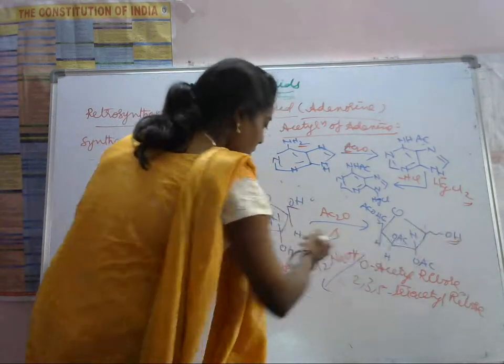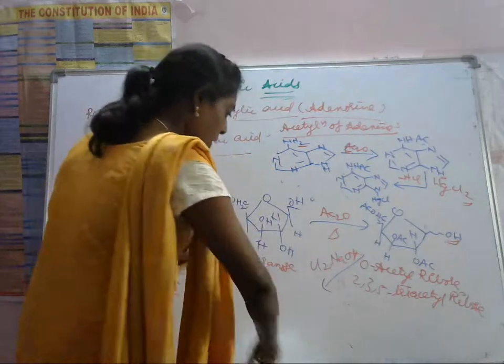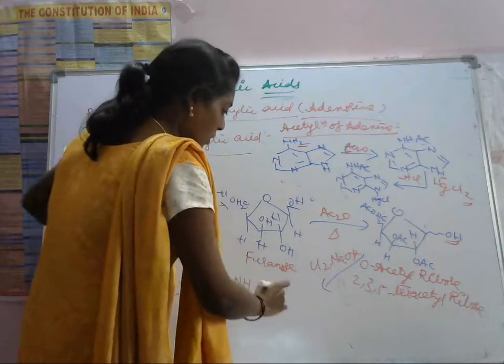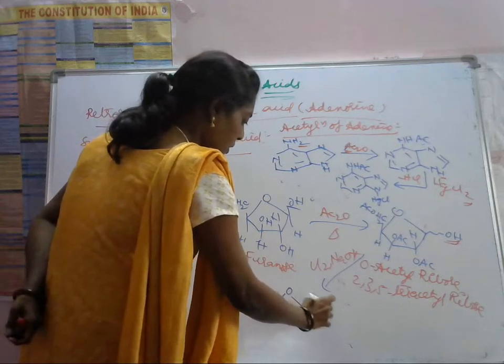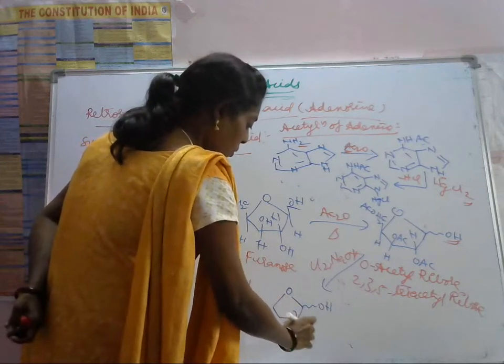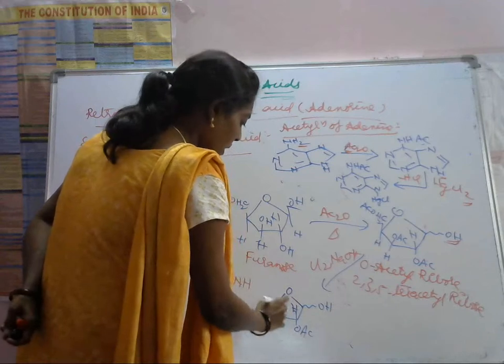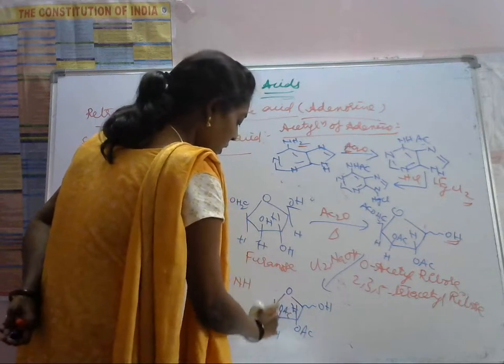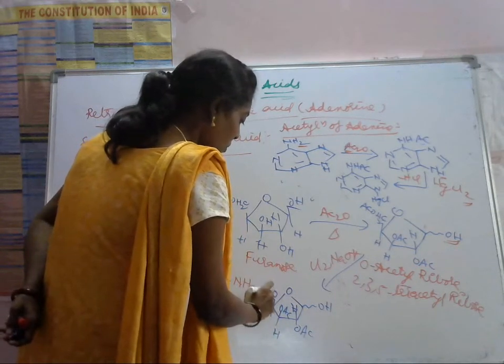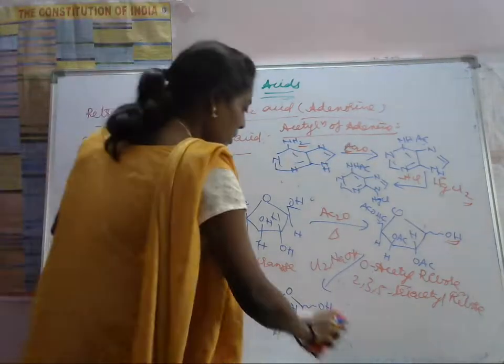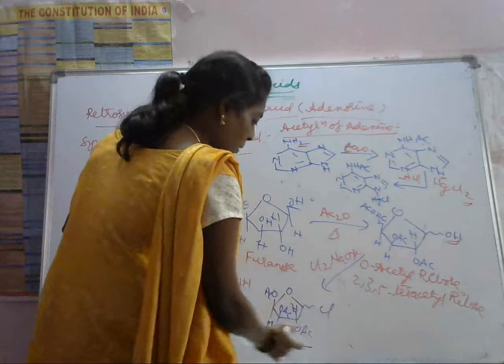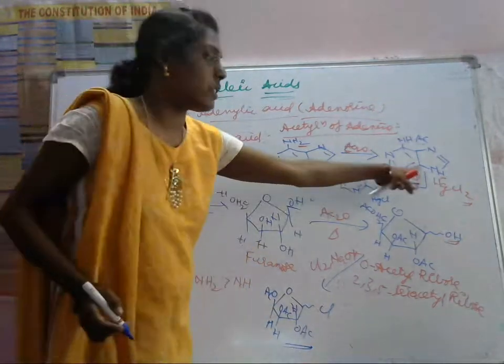This OH is converted into Cl. Remaining groups will not get affected. H is there here, OAc here, H. Next we have to take this one and we have to take this pyrimidine.